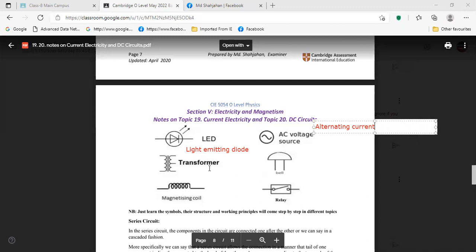We can use the transformer to increase or decrease the voltage. Like the grid line, we have very high voltage in grid lines. Do you know it?